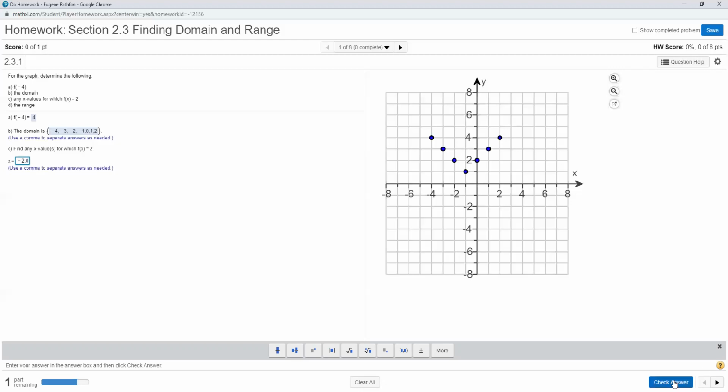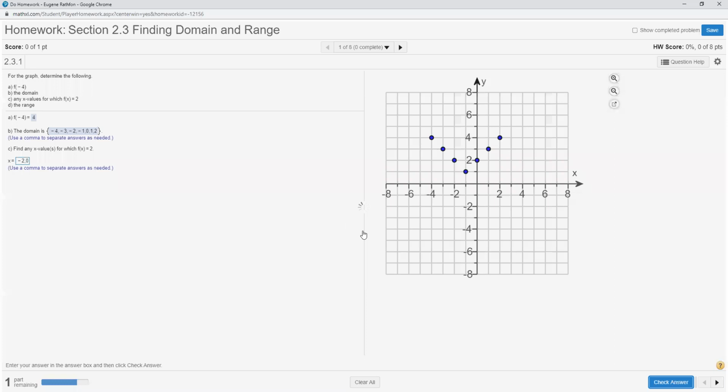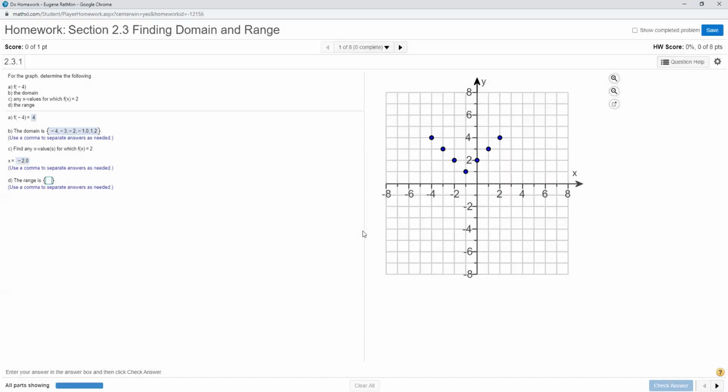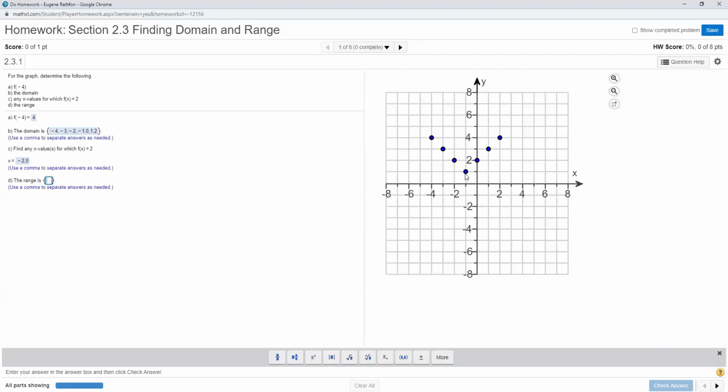So then we would check that. And then the range, the same thing. But remember, the range is the y values. So this point right here has a y value of 1, so 1 comma. These points right here both have a y value of 2 comma.